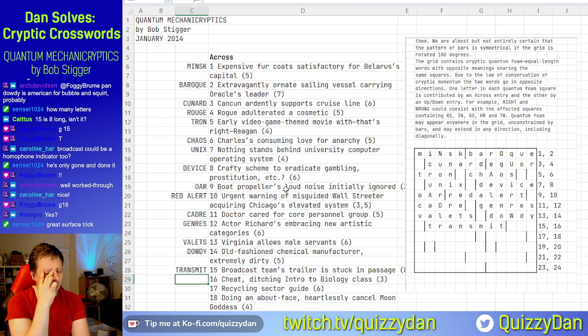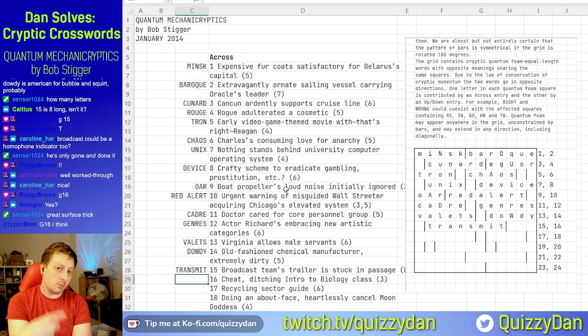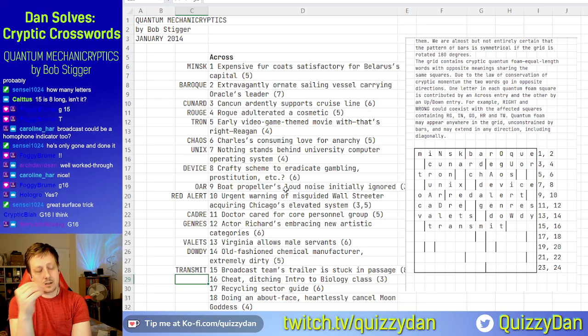Class could be the definition, like ilk. Intro to biology could be B, but it could be cheat ditching intro. So it's a word that means cheat, take off the first letter, and then we're going to get a biology class.